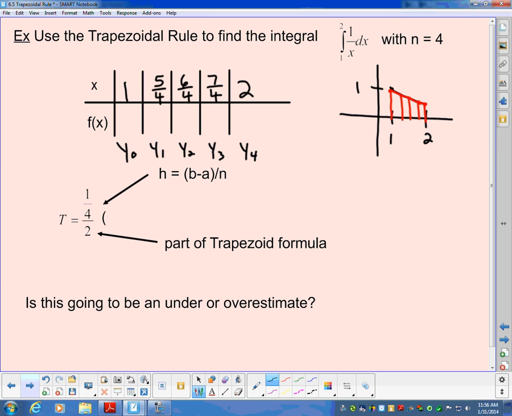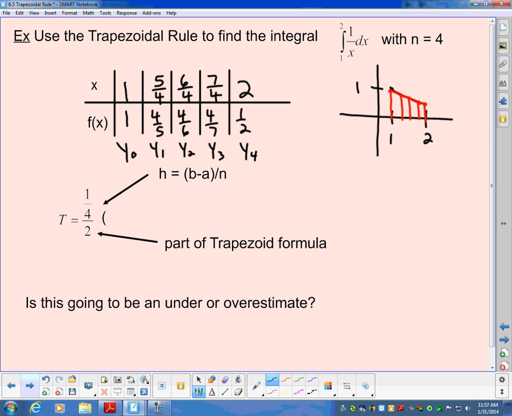So take 1 and plug it into the function here. You get 1. Take 5/4 and plug it in here. This is kind of known as the reciprocal function. You get 4/5. And then what happens when I plug in 6/4? You get 2/3. And then this is 4/7, and this is 1/2.